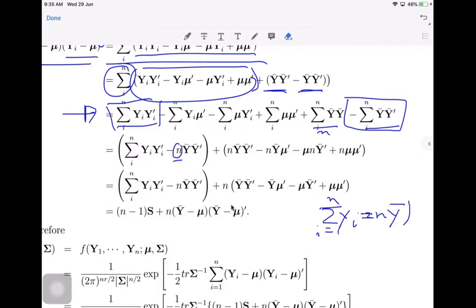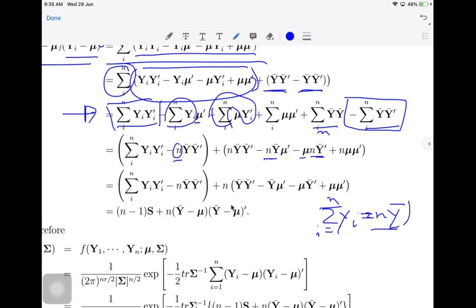Okay, so this part here will be ny bar mu prime. And then this part here will be ny bar prime, and then mu and mu bar ny bar prime, no? So mao ni siya.